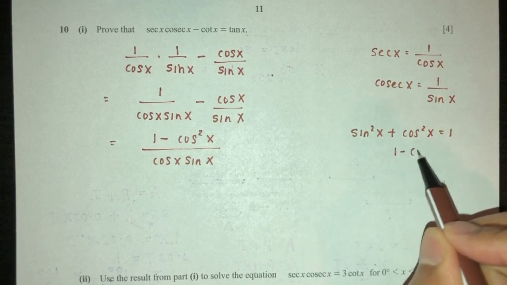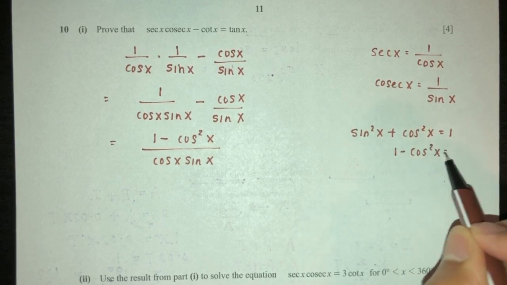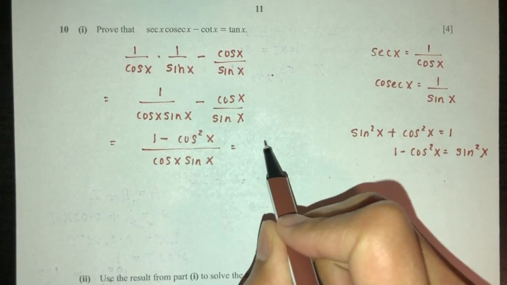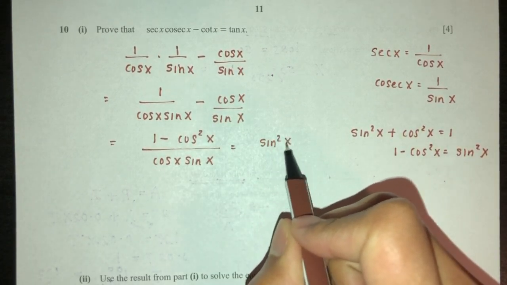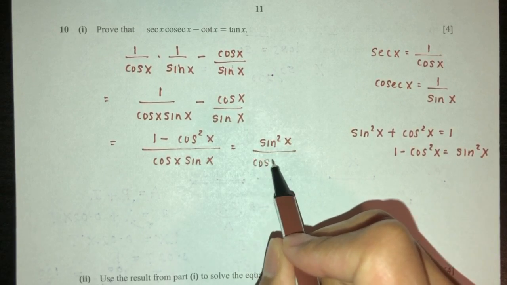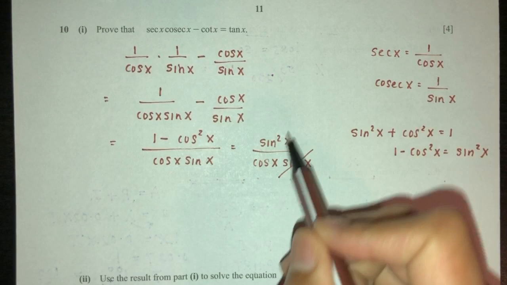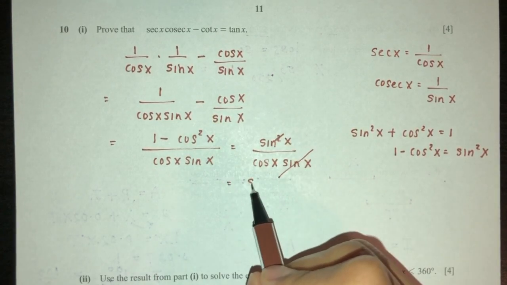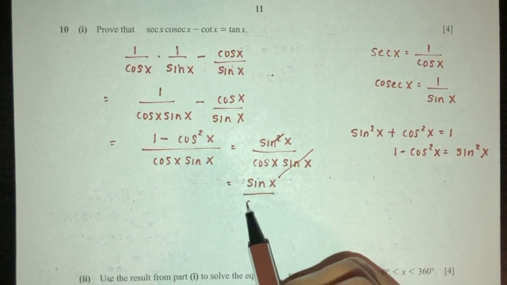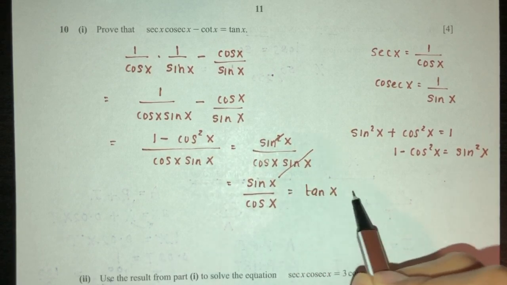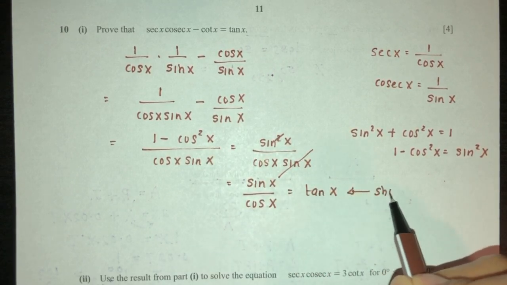So 1 minus cos square x is equal to sin square x. So replace, you will have sin square x over cos x and sin x. So this one cancels out this one. That will be sin x over cos x. That is tan x. It is shown as required.